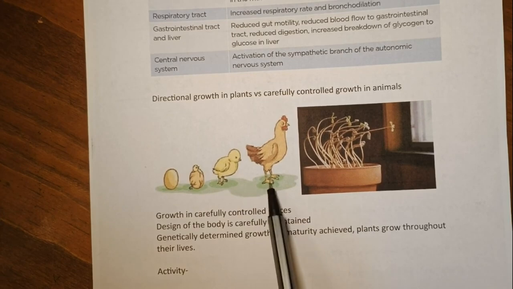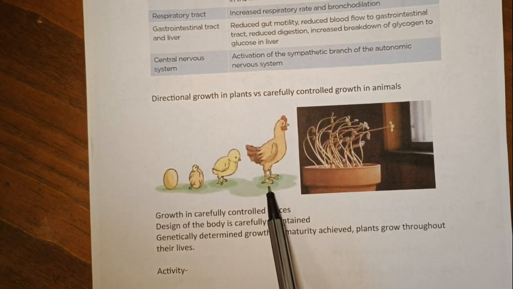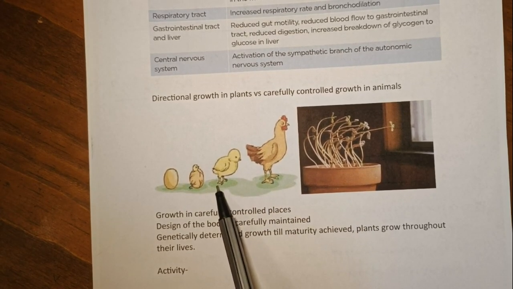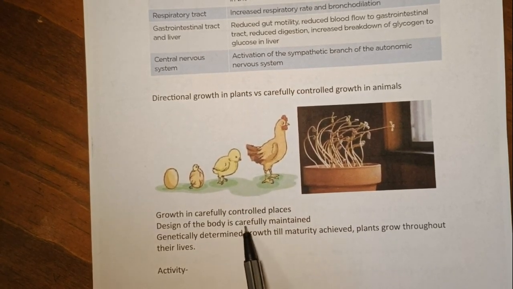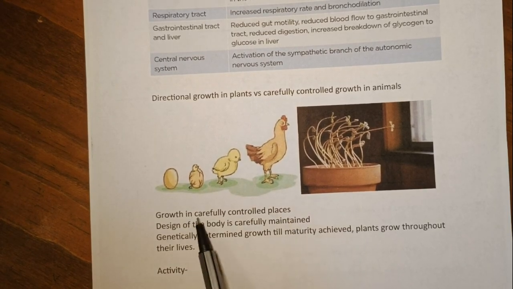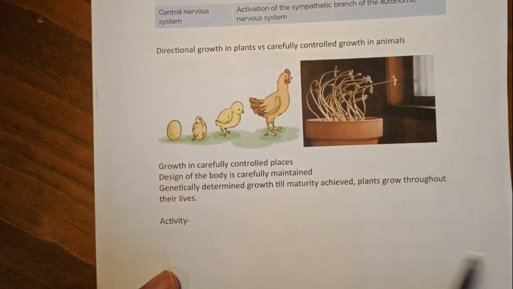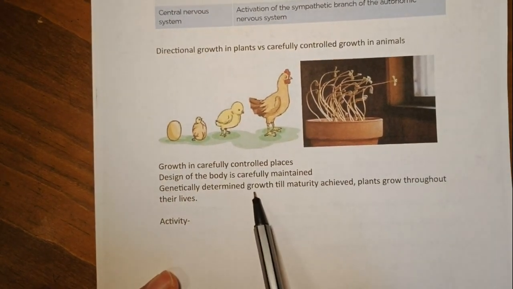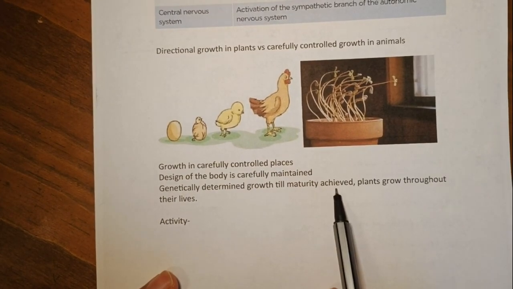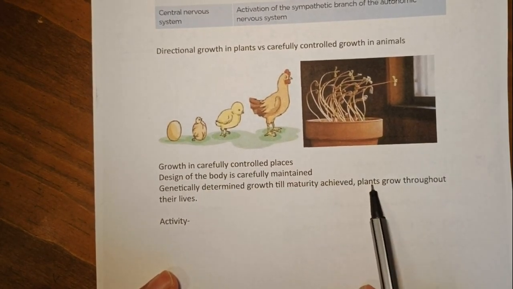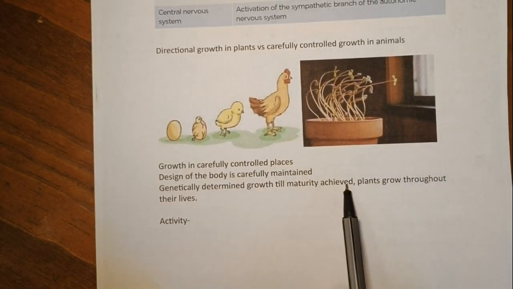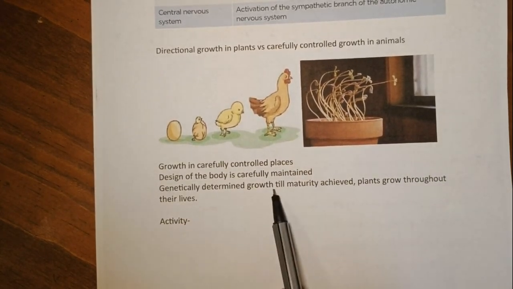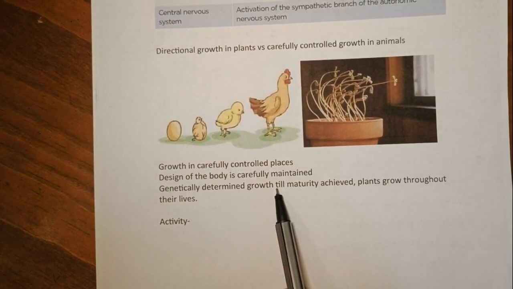You will not get extra digits, extra fingers or extra toes in different places. So the design is always maintained. It is carefully maintained design, and growth is carefully controlled in the various places. Now the growth is genetically determined till maturity is achieved, whereas in plants they grow throughout their lives. So once the human or any animal matures, they stop growing, okay?